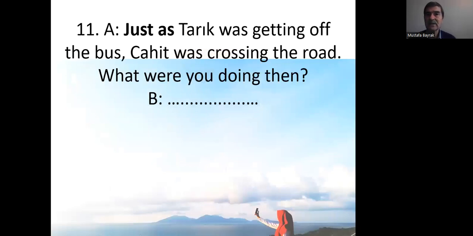Dialogue 11A: just as Tarık was getting off the bus, Cahit was crossing the road. They are happening along with each other, those two actions, those two events, parallel to each other.